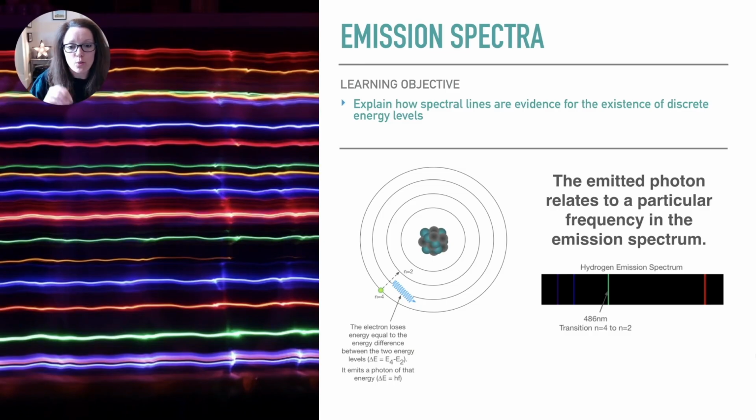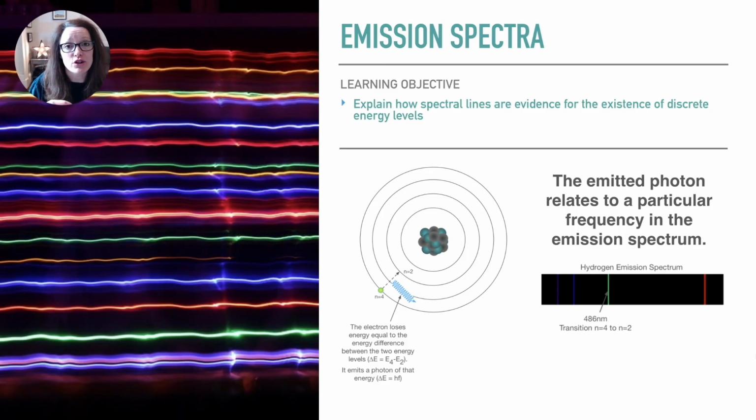There's an electron within the n equals 4 energy level. It gives out a certain amount of energy to go down to n equals 2. That energy that it gives out is a packet of energy called a photon. And we know that a photon is a packet of light. It's a unit of light.